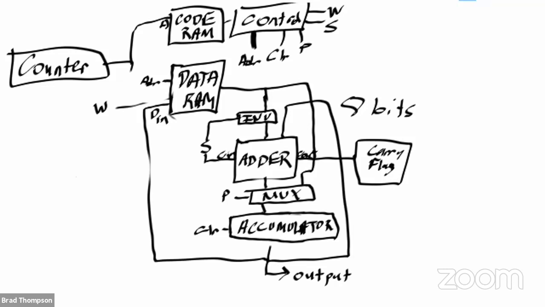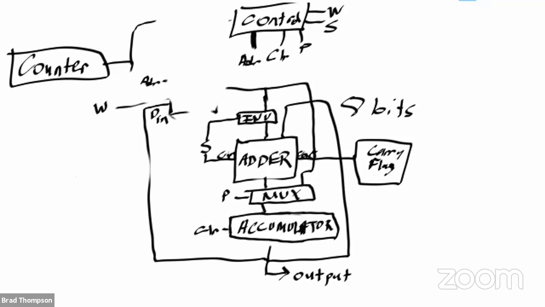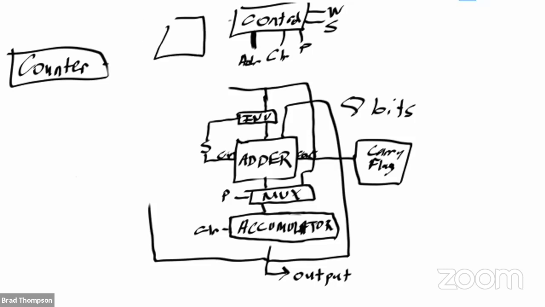So we're going to erase this, and erase more of this stuff because I'm going to need some more room. I'm going to have one big chunk of RAM, right?